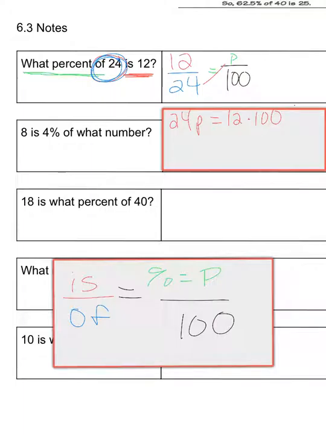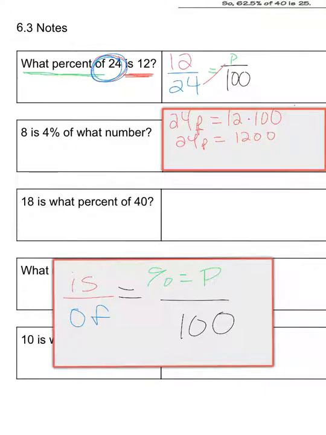Now I'm trying to solve for P, so I need to get P by itself. So now I have 24P is equal to 1200 because 12 times 100 is 1200.